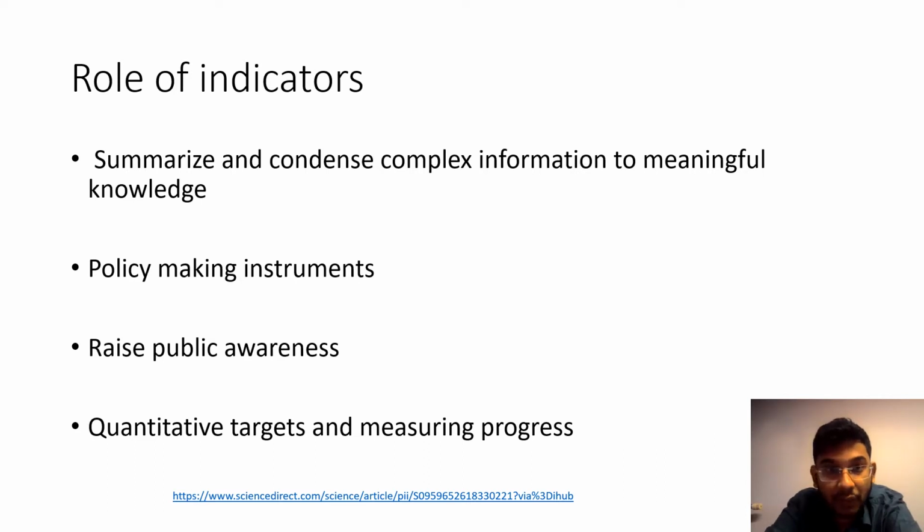One important thing is that we can also measure our progress. Imagine that we are at a particular point of time in history, and we put up quantitative targets. Saying that we will reduce emissions by 70% is a quantitative target. Similar to that, we can put exact quantitative targets, and then we can measure our progress.